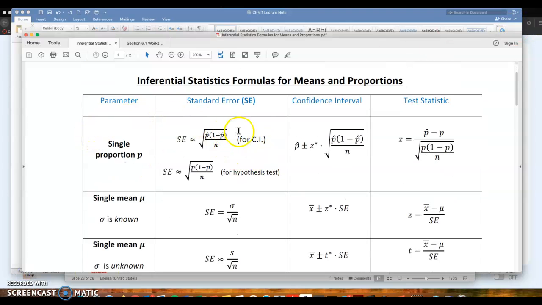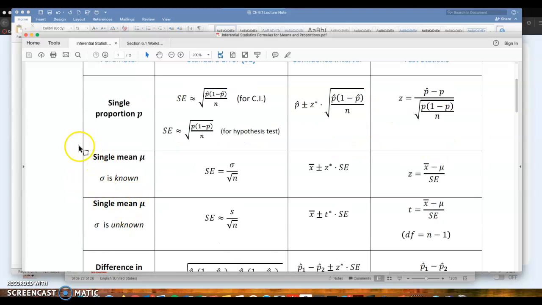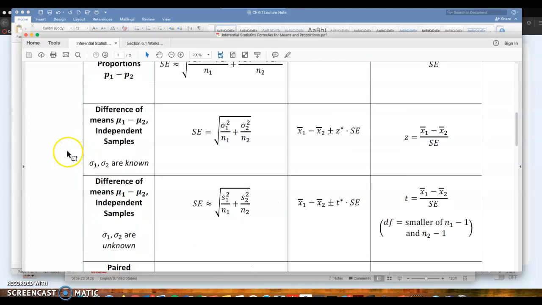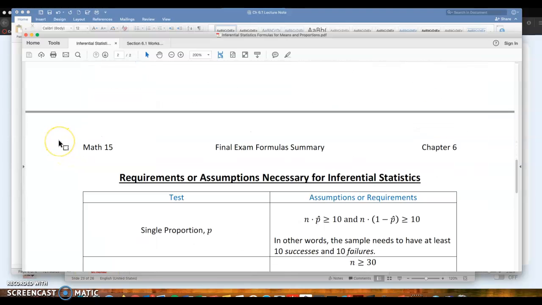So here we've got standard error, confidence interval, test statistic. We'll go over this in class if we haven't done so yet. But this first column is all the formulas for a single proportion: standard error, confidence interval, test statistic. We're going to go through the rest of these in chapter 6. On the second page, we have the requirements or the assumptions necessary.